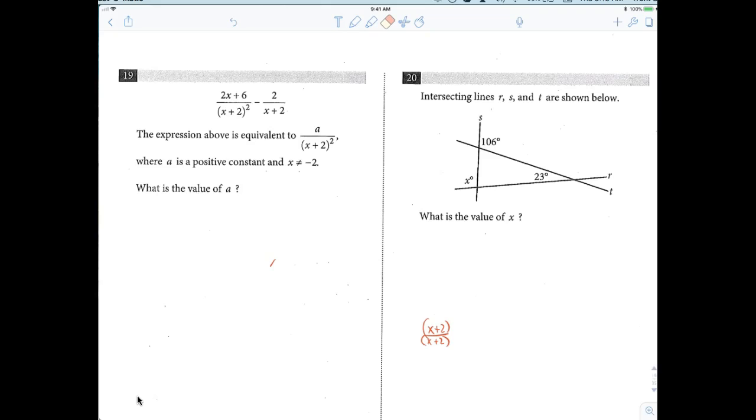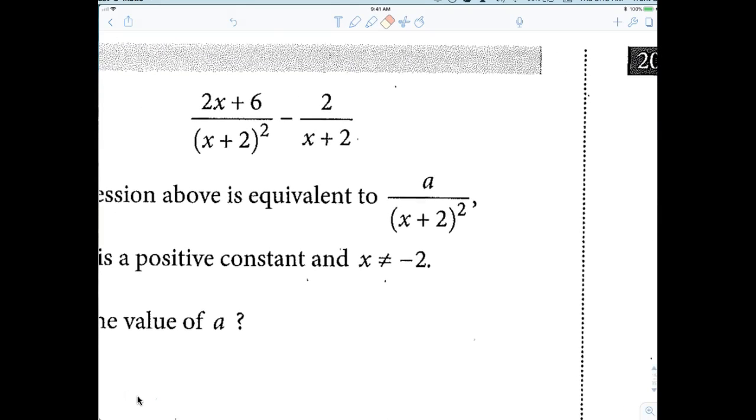Both of you. So listen, what he recognized, hopefully this is what you were thinking: I can just square that to get the what? The common denominator. So then this becomes 4 over x plus 2 squared.